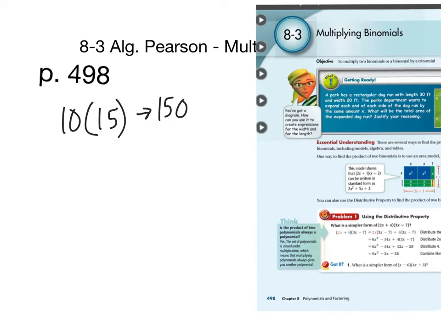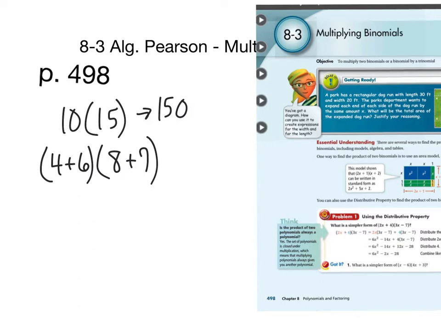You might say, well, what does that have to do with multiplying binomials? Well, what we're going to do is break these numbers down. So 10, I'm going to break down as 4 plus 6. 15, I'll break down as 8 plus 7.